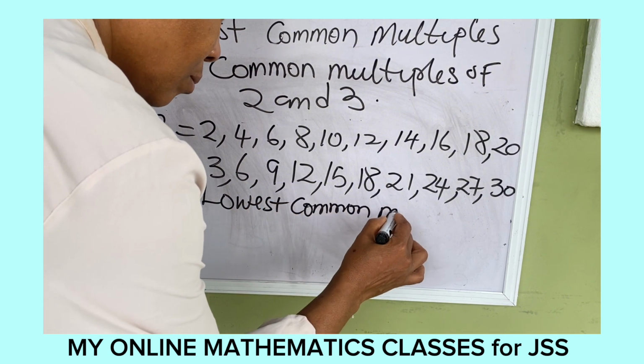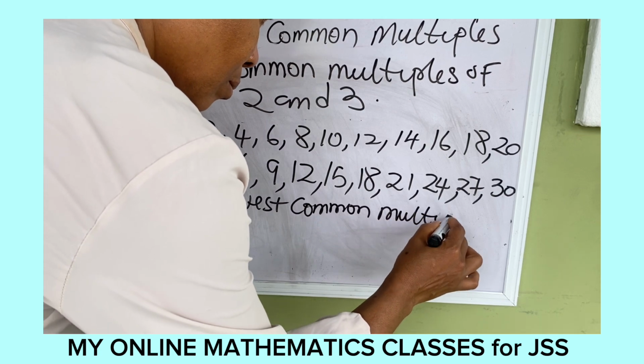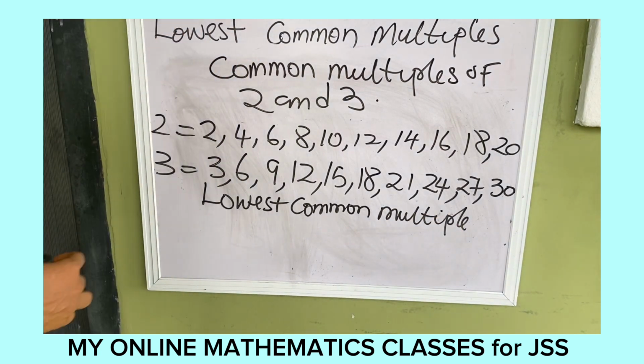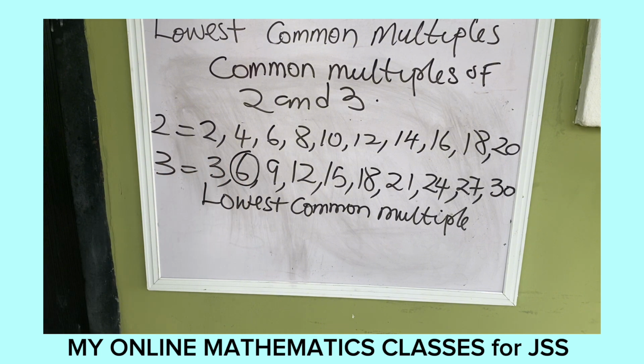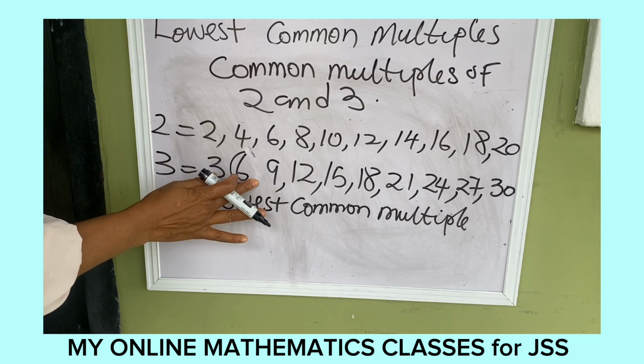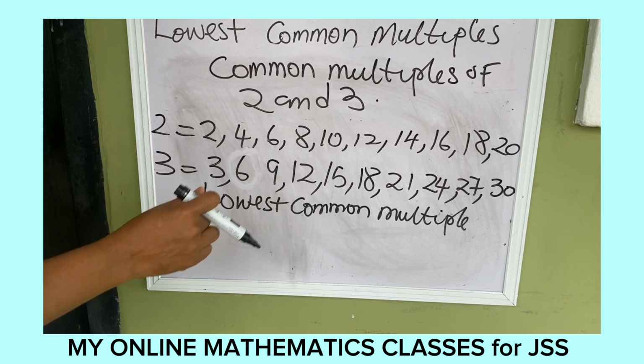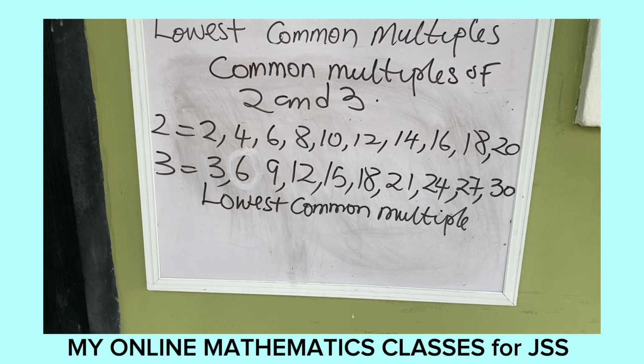So when we now say these are the common multiples, we will look at which one among the common multiples is the smallest. Do you understand? The smallest. We know that they are common multiples, but among them, we have the one that is the smallest.